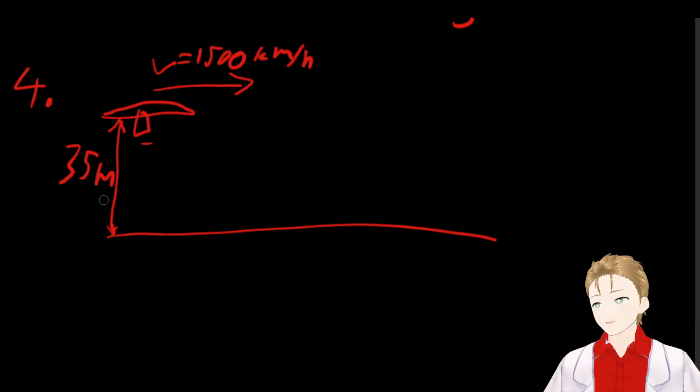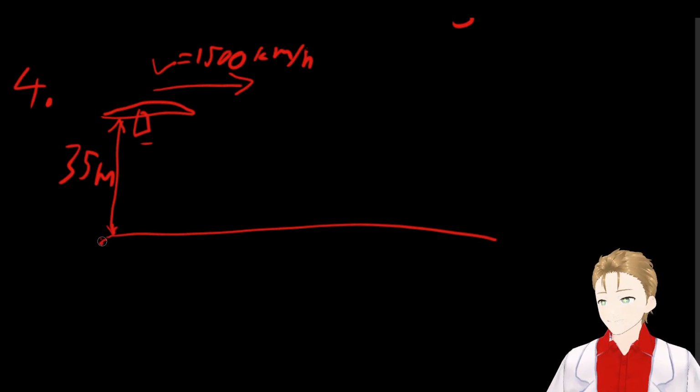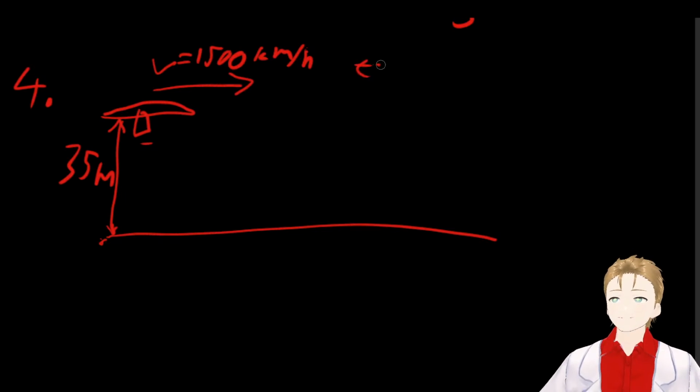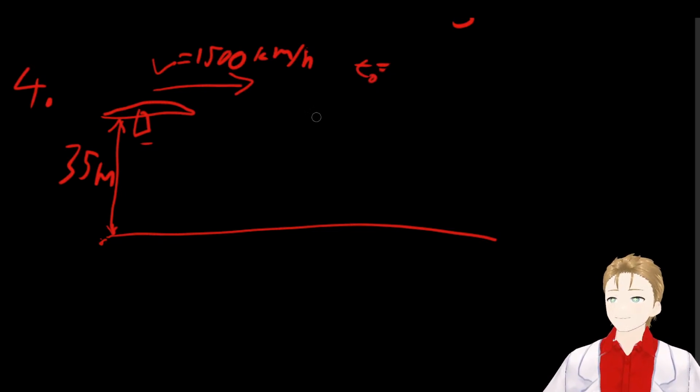Okay, initially ground level. There's the level at time of 0, so this is T0, subscript. Some should be understood here.